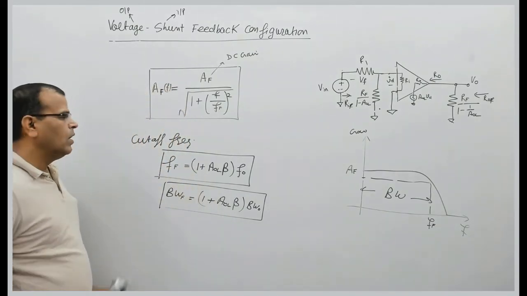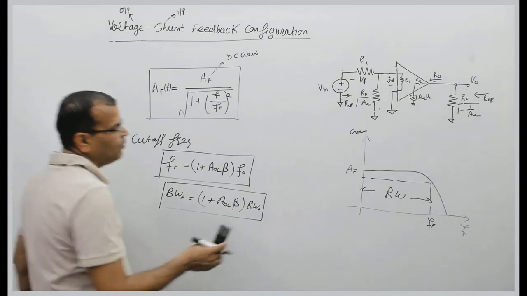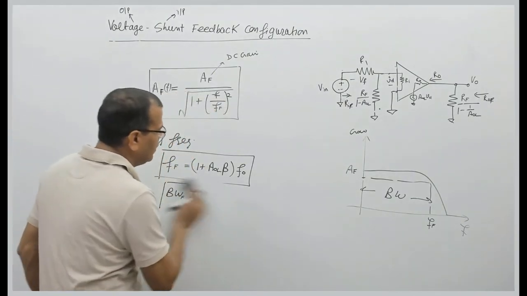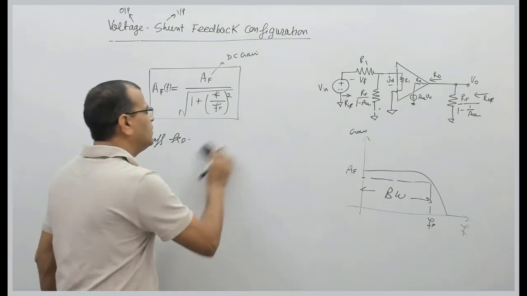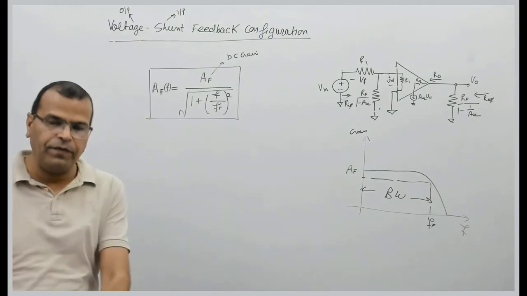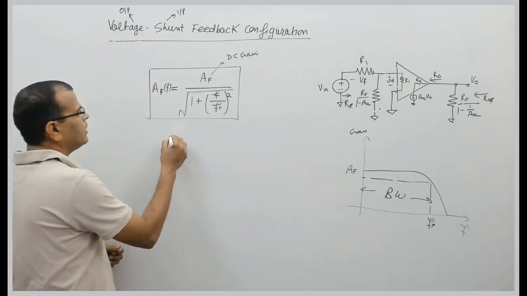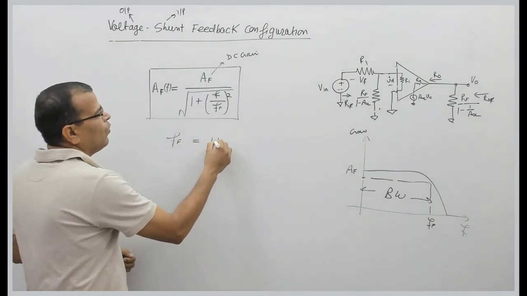Now, here, there is an important point to be considered. We know this is the expression for feedback. Fine. Now, let us see the cutoff frequency of inverting configuration with feedback.